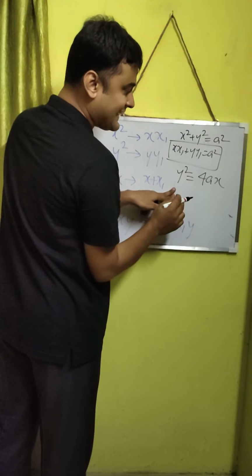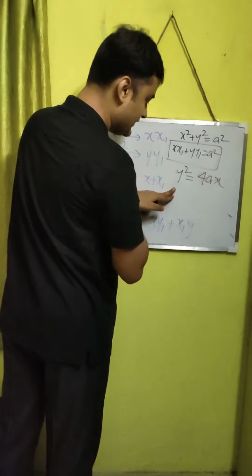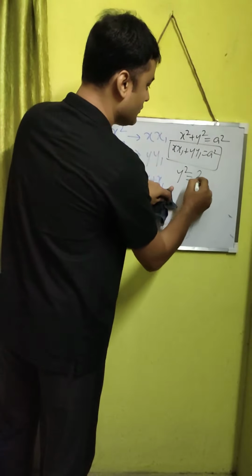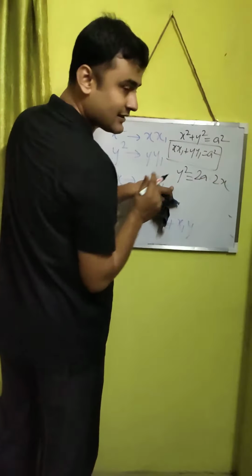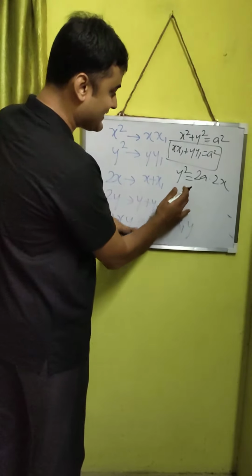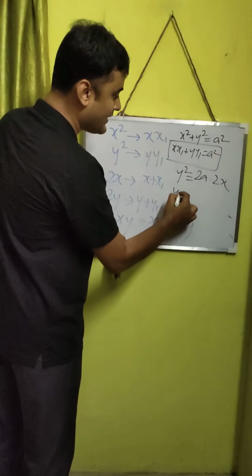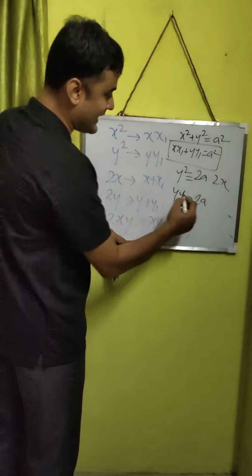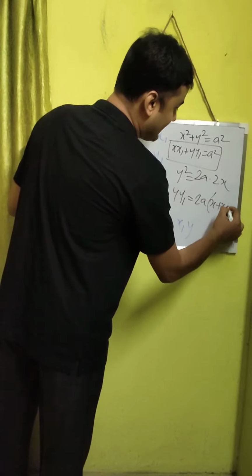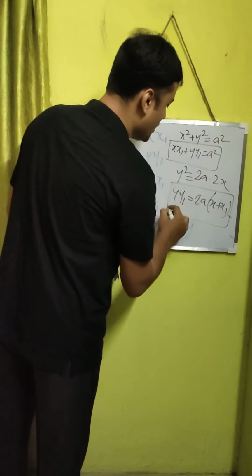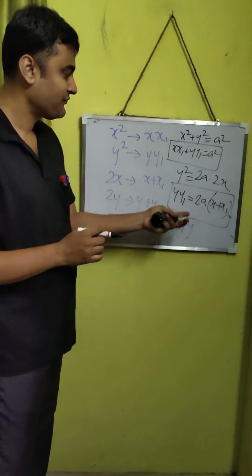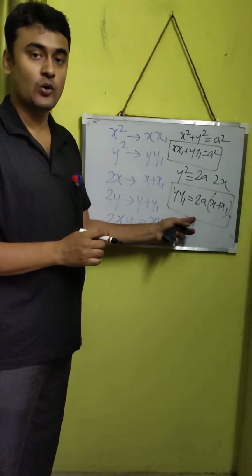This 4ax can be written as 2a into 2x. So replace this: y square gets replaced with y1, 2a, and 2x gets replaced with x plus x1. Now that is exactly the equation we calculated a little while ago in this class.